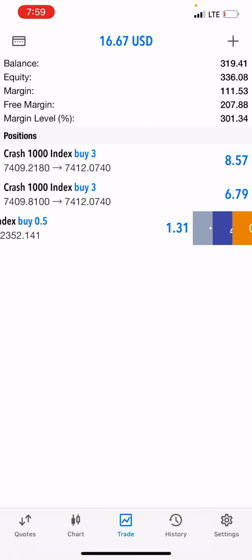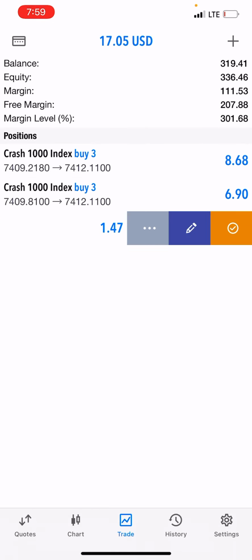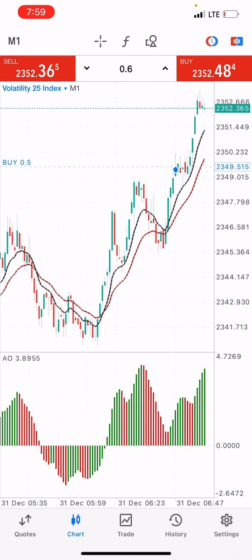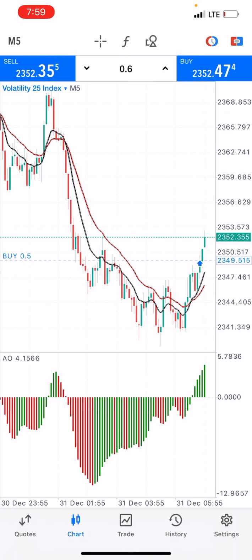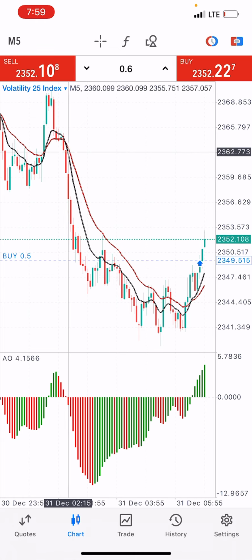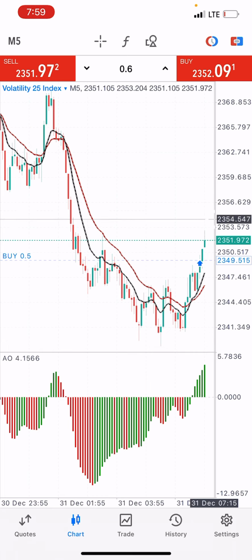I'm still holding on to the volatility 25 index position that I opened with the powerful strategy. Look, I got a buy signal. Why did I place the buy? I'm going to show you how you can also use this strategy and make money for yourself.